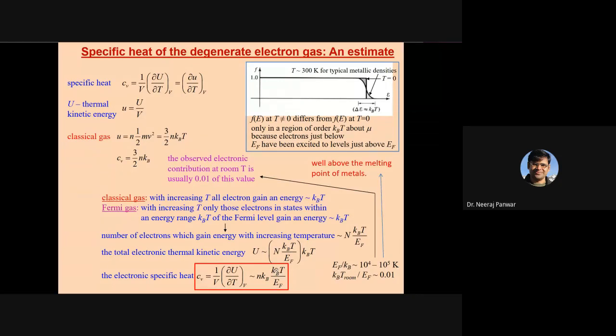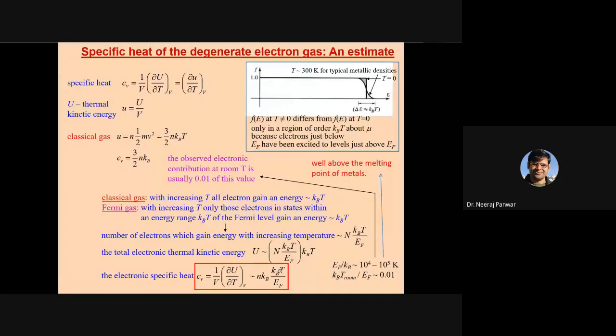Here epsilon F over kB is of the order of 10 to the power 4 to 10 to the power 5. Basically, kB over EF is the inverse of the Fermi temperature, so we can also write it as T over TF, and kBT at room temperature divided by the Fermi energy is of the order of 0.01.